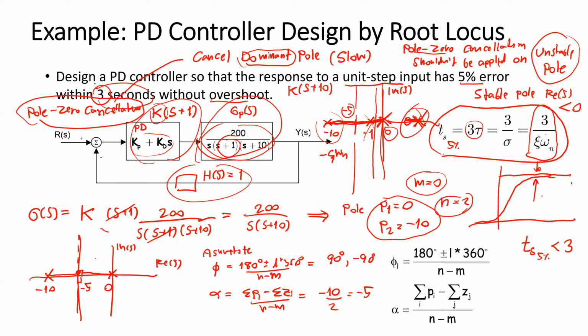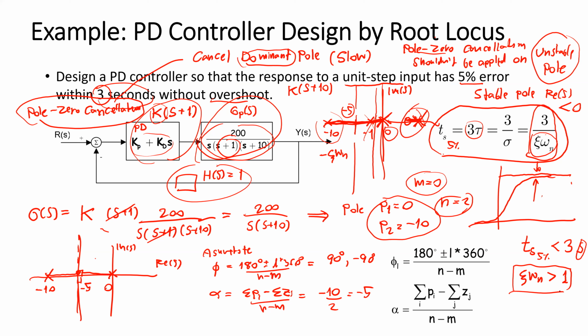Settling time 3 seconds means we need sigma omega n bigger than 1. In order to have settling time 5% less than 3 seconds, the sigma omega n should be more than 1.